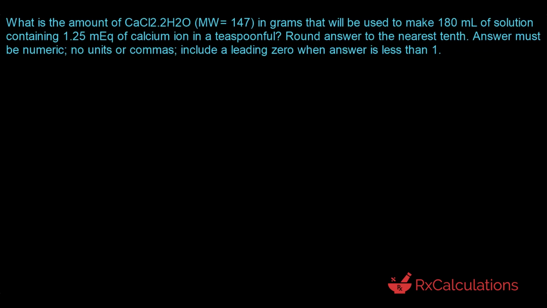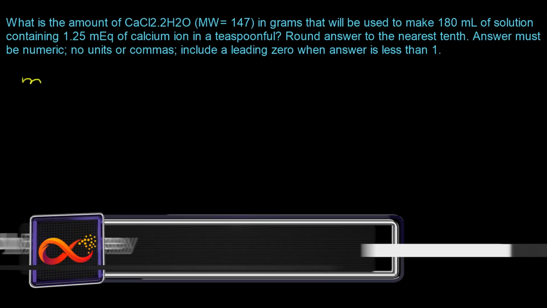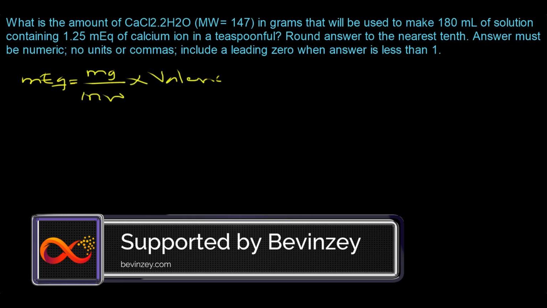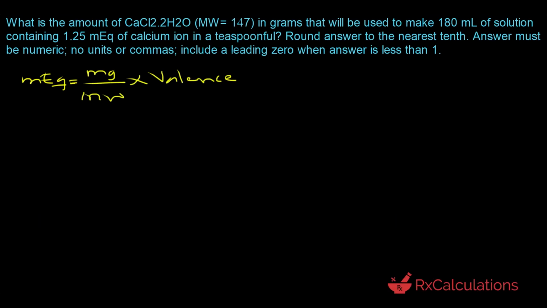So we want to go ahead and once again use the milliequivalence equation, and that is MEQ equals the weight of the substance in milligrams divided by the molecular weight times the valence. And here again, the molecular weight is given in the question, so we don't need to do much there, but we do need to find the valence. So what we have is calcium chloride, and it has 2 molecules of water. Now, when you put this in water, the water goes in water, so there's no real contribution there.